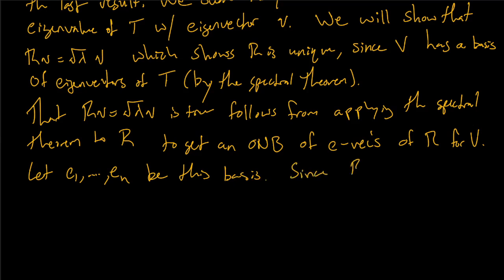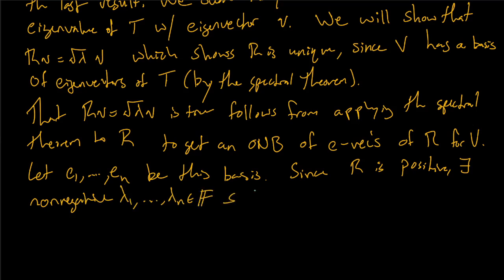Since R is positive, there exist non-negative lambda 1 through lambda n in the field, and in particular the field here is the reals, just to be clear, such that R e k is equal to the square root of lambda k e k.